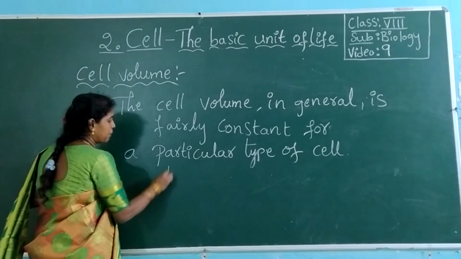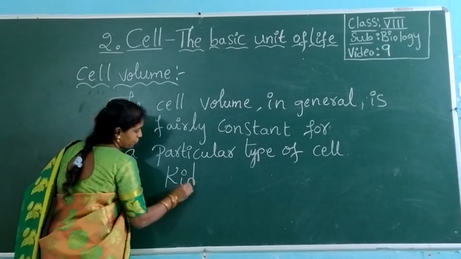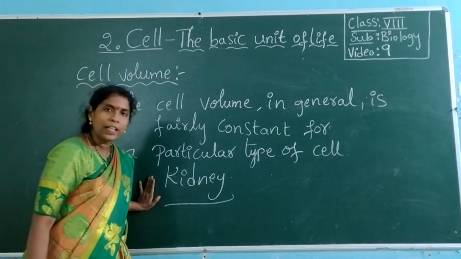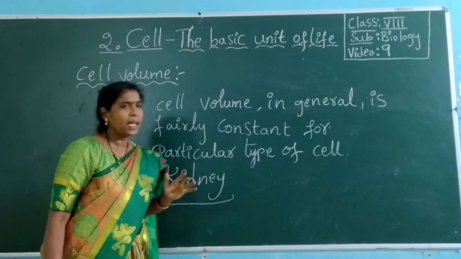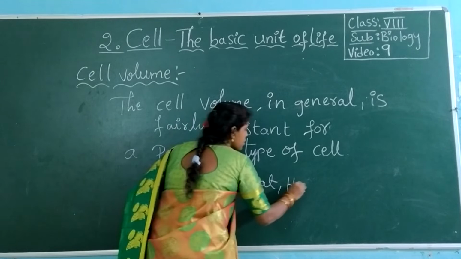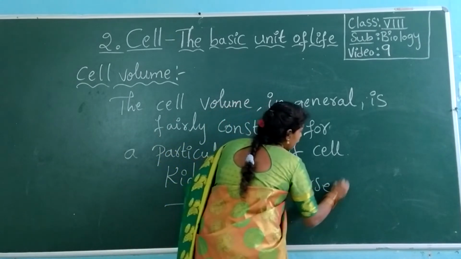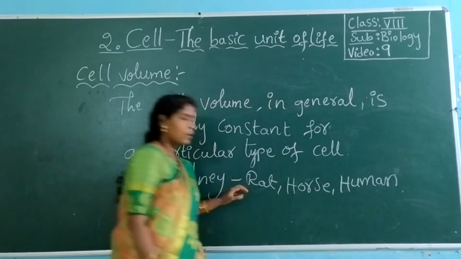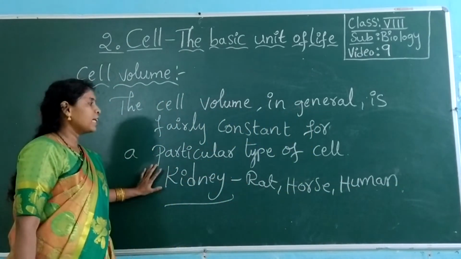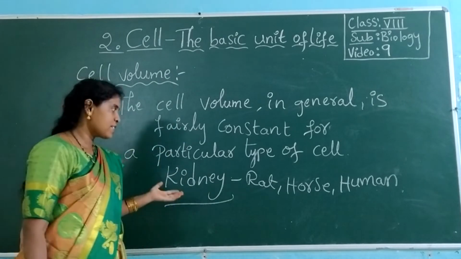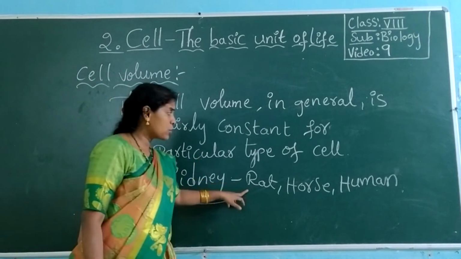For example, we look at the kidney cell. The kidney cell volume is the same in rat, horse, even in human also. If you look at the kidney cell, for example, the volume of the cell is the same in a rat or a horse.